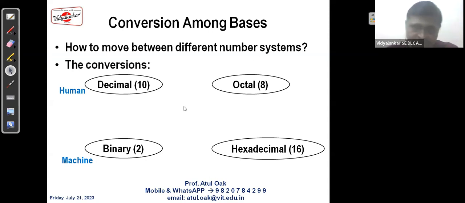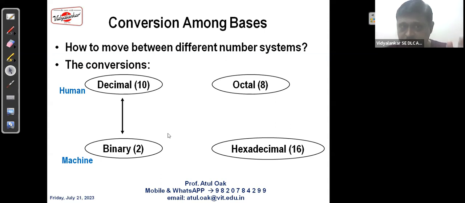Conversion between bases. Converting decimal number to binary and binary to decimal. Okay, so you can move this way, and this is most important so that I can communicate with the machine. As a human, I can talk to machine. Machine can talk to human if we know these conversions.